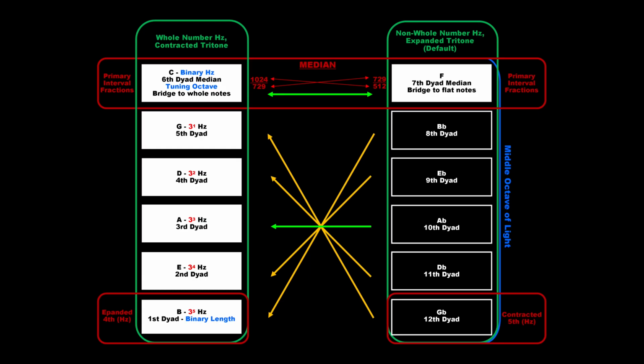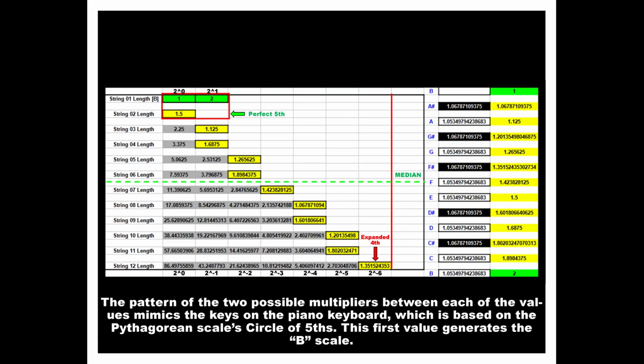And then what we also see at the bottom is, as we looked at earlier, that first dyad construction of B had the expanded fourth associated with it, and B, as far as string length is concerned, generates all of the binary string lengths.